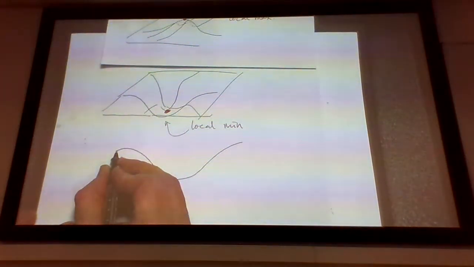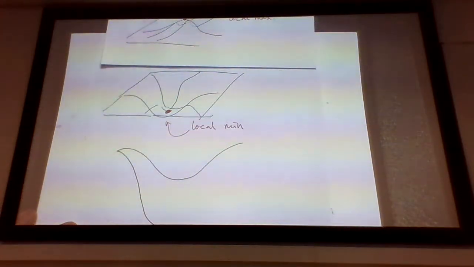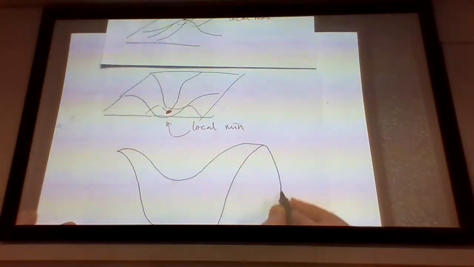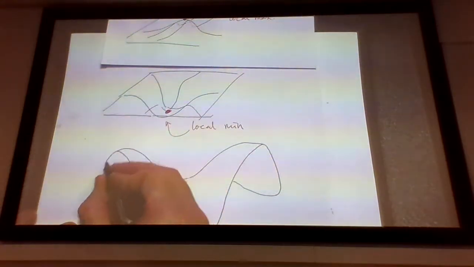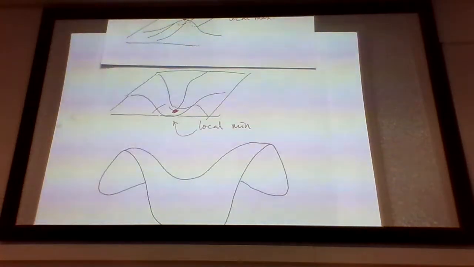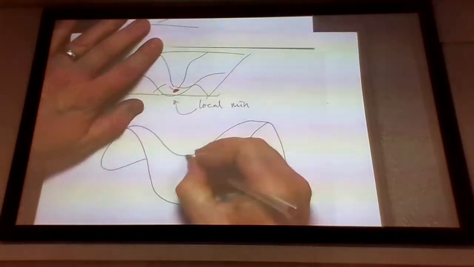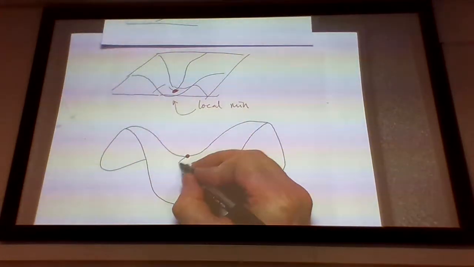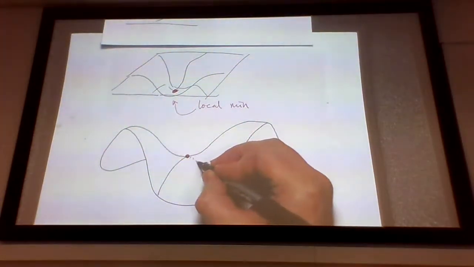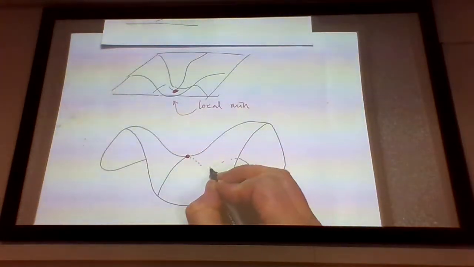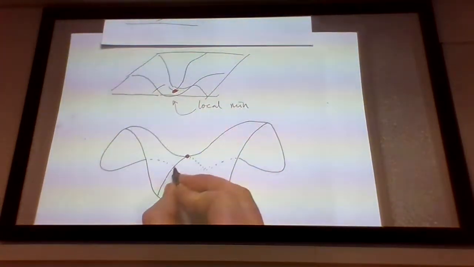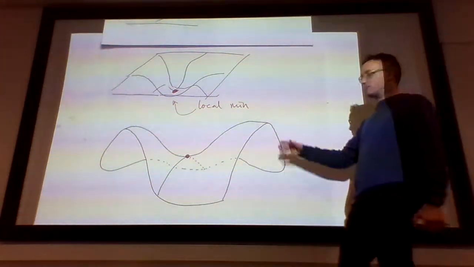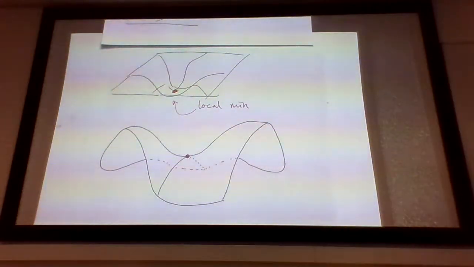The third type of thing is maybe something like this. Okay, what exactly is going on here? So I'm talking about this point here. That's a nicer picture. Okay, so what I've drawn there is just a portion of the surface, just a bit of the surface. And this point is called a saddle point.